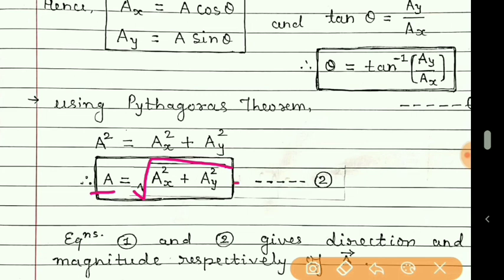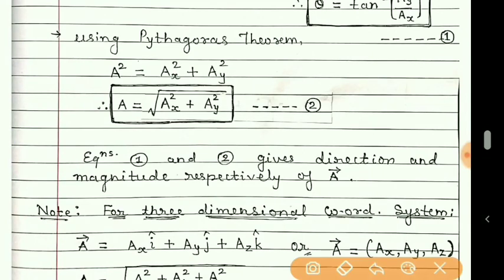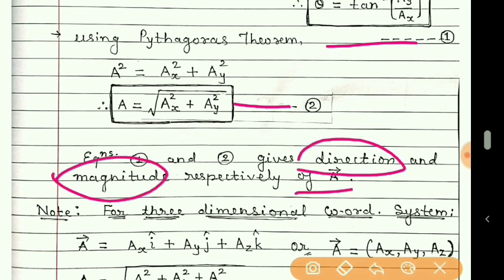So from this equation number 2, we can get the magnitude of this given vector. So it is clear that from equation number 1 and equation number 2, we get the direction and the magnitude of the given vector A.